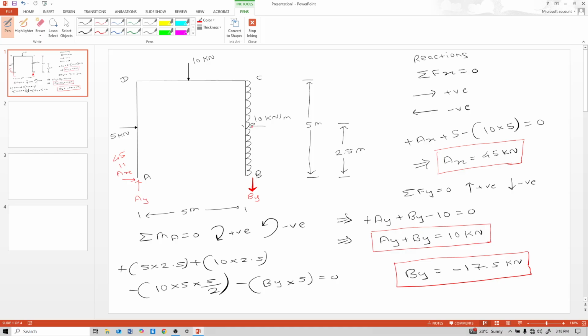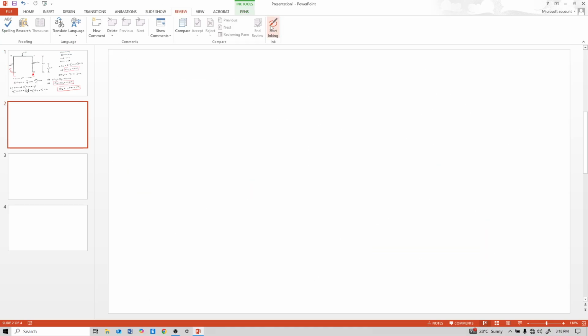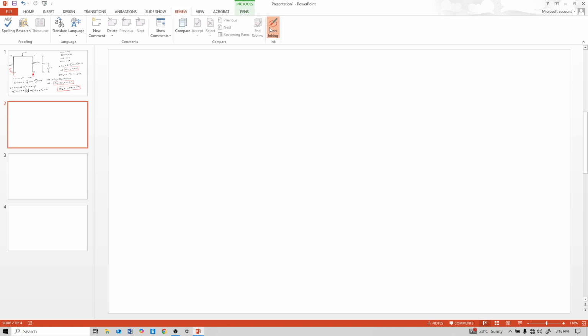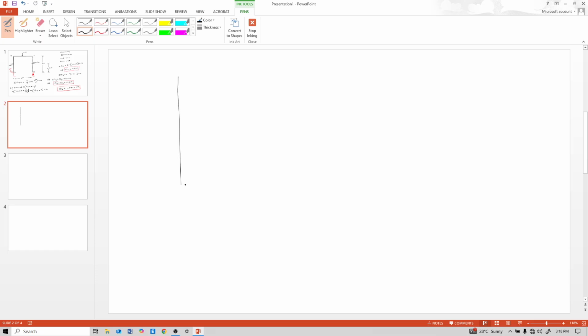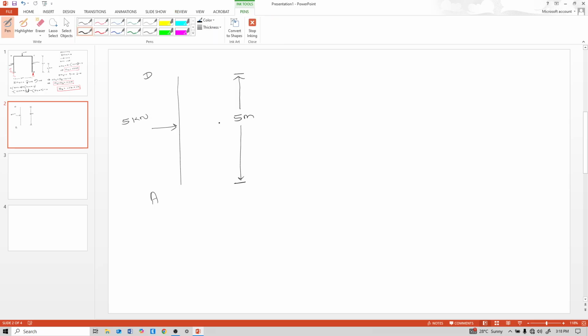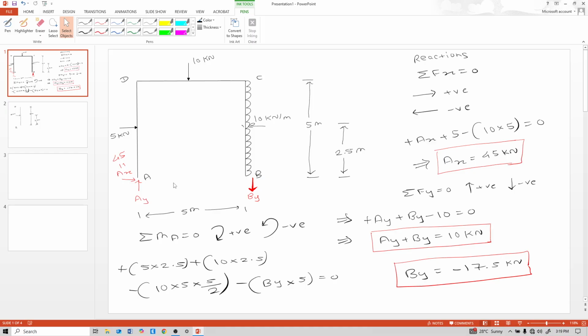So this AD, A to D, it is 5 meter, and at a distance of 2.5 meter this is 5 kilonewton. See these Ay and Ax reactions.